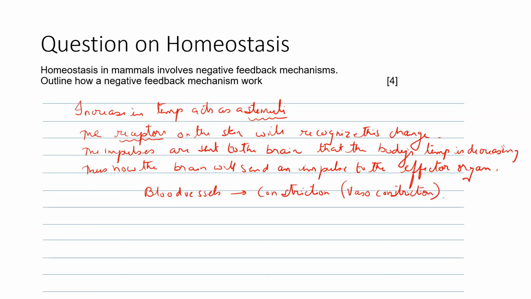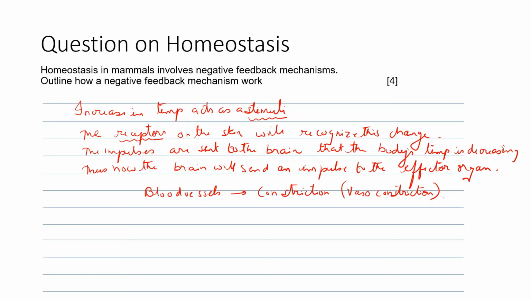And when vasoconstriction happens, the blood vessels will all constrict and less amount of blood will flow through the blood vessels, and thus the heat in the body will be retained inside the body. Okay, so your blood vessels will become the effector.